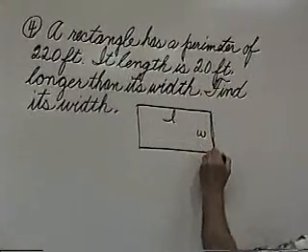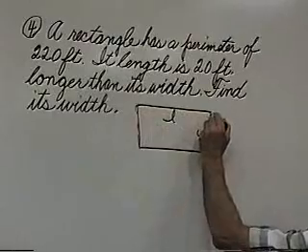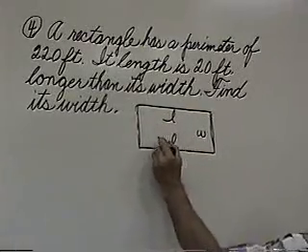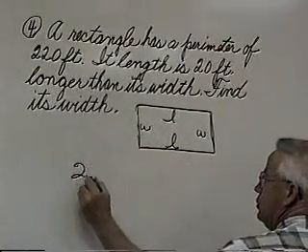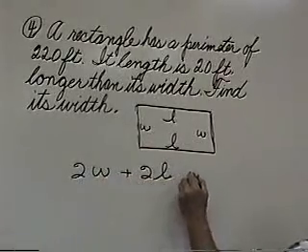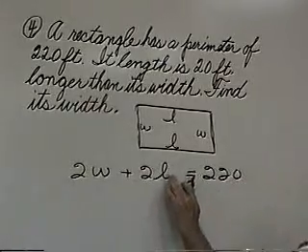It's this one, plus this one, plus this one, plus this one. So this would be the length, and this would be the width. So, 2W plus 2 length is 220. Okay?